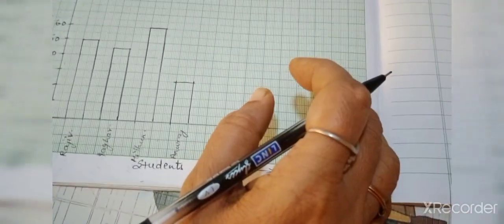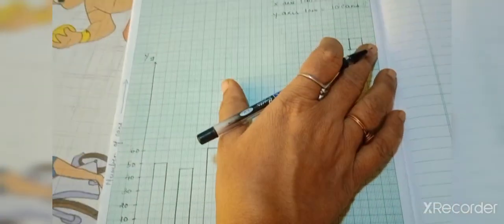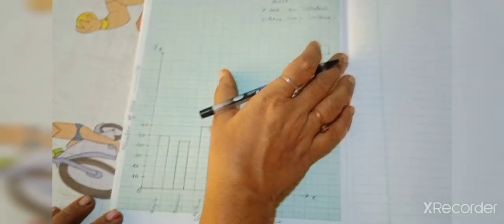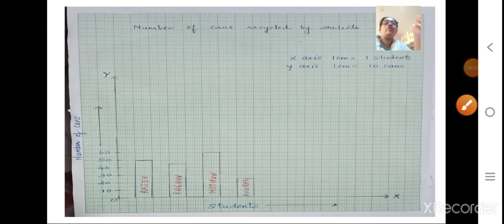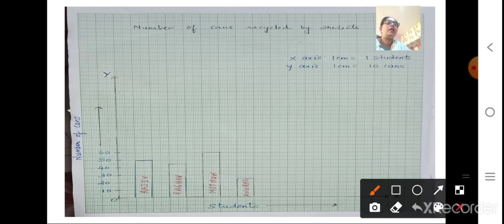Okay, same way, this is how, keeping the same width, you have to draw the rectangular bars according to the data shown in the table. Same way, using this, we can also draw the horizontal bar graph. Okay, this is how your bar graph will look after drawing the rectangular bars.